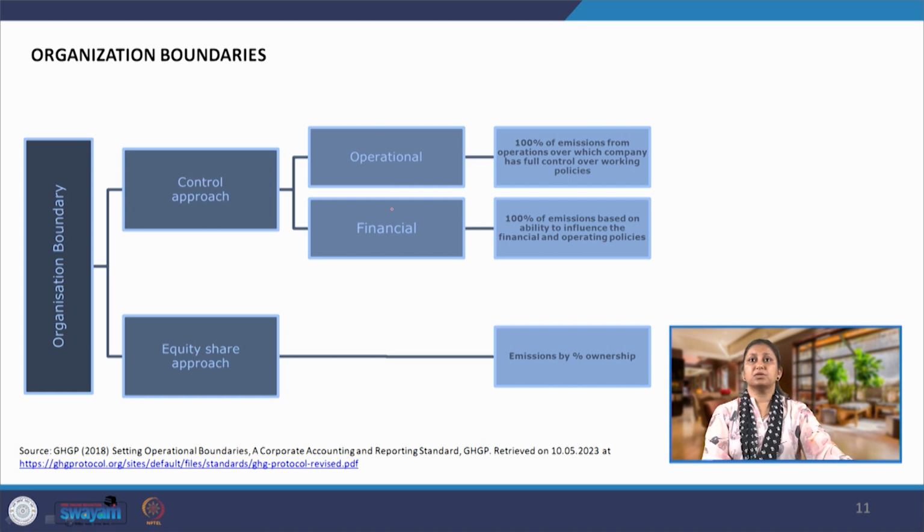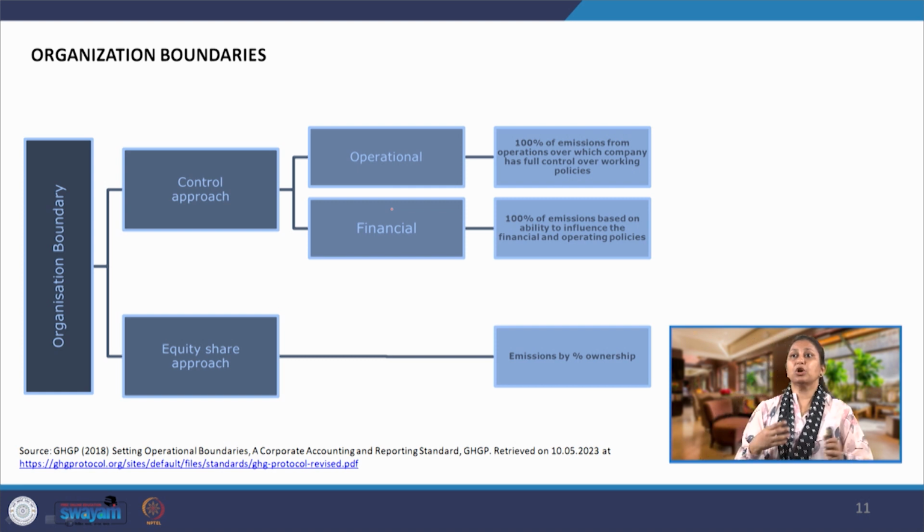For example, if you look at some clothing companies, any big brand for that matter, they do not manufacture their cloth line entirely. Some manufacturing units might be owned by them, but a lot of times the manufacturing units are in smaller developing countries. A lot of fabric is being manufactured in Bangladesh. Now, this bigger brand has given a set of standardized standards which the manufacturing company has to follow.